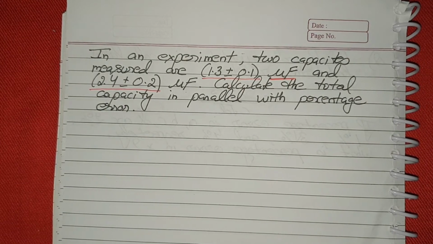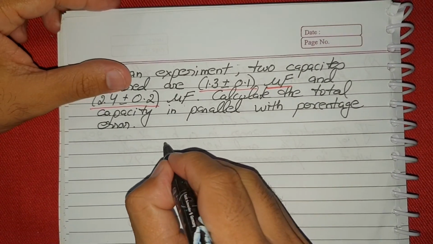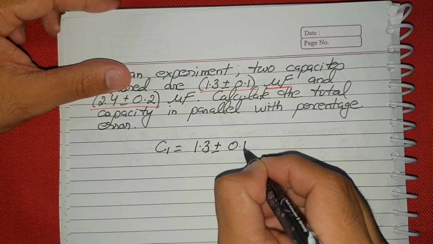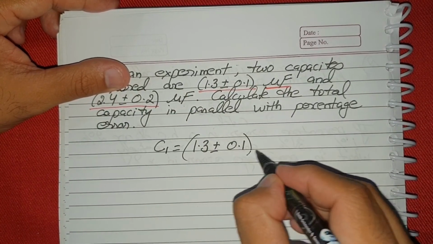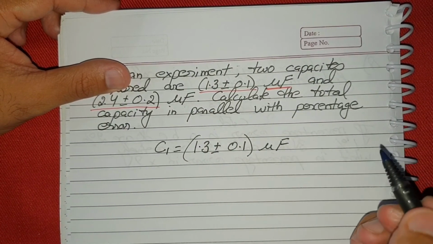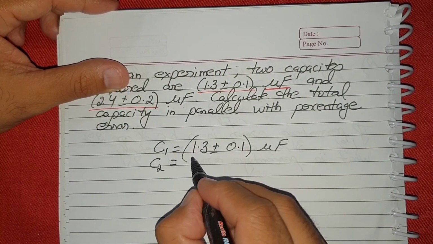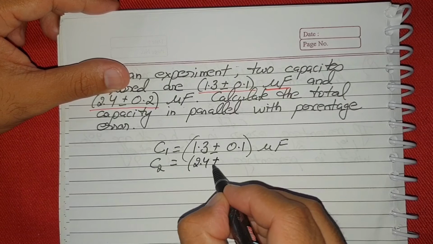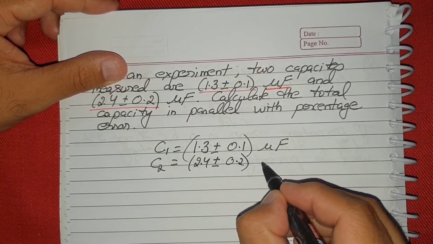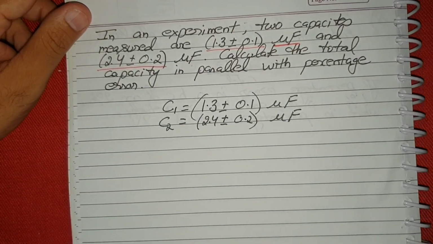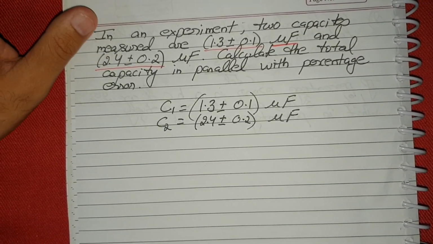Okay. Now, what is given to us? Let C1 be 1.3 plus minus 0.1 microfarad, and C2 is 2.4 plus minus 0.2 microfarad. So in parallel connection, basically we add them.